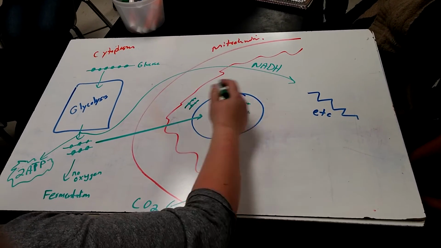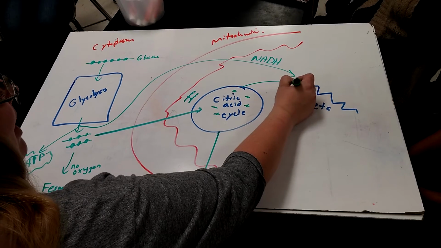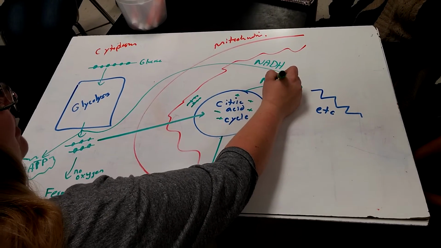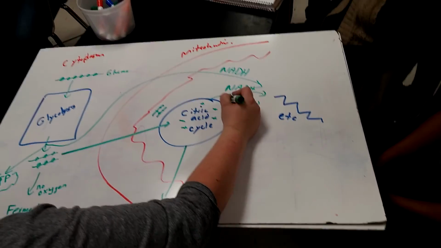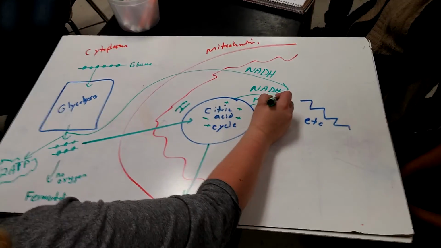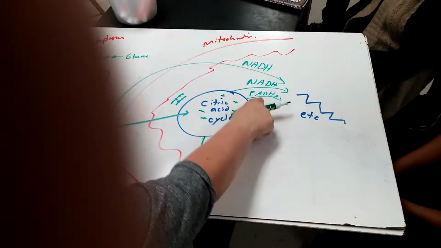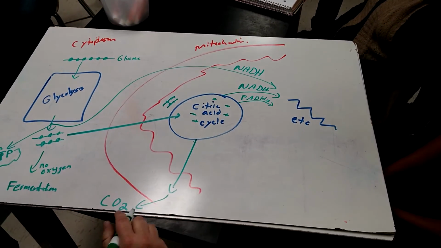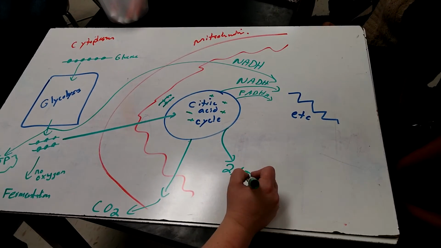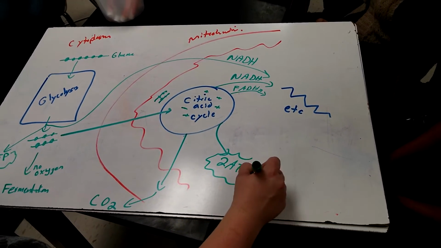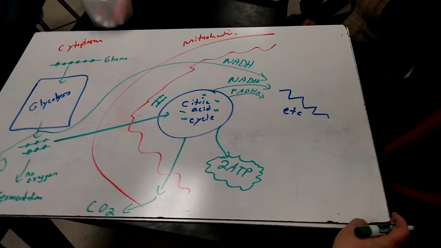And as this goes around the cycle, we're going to make a lot more NADH. And we're also going to make some FADH2. This has less energy than this guy, but it's still important. We're also going to make 2 more ATP, which is our main energy source we're most concerned about.